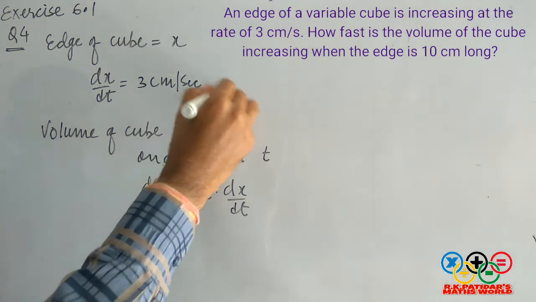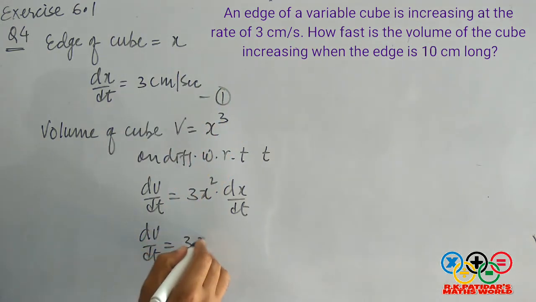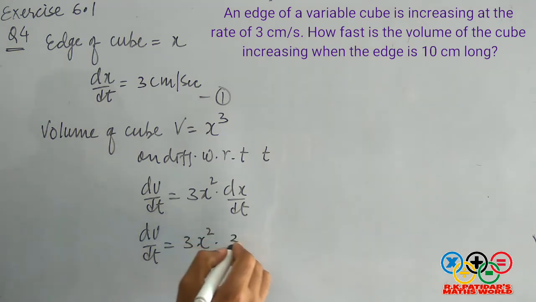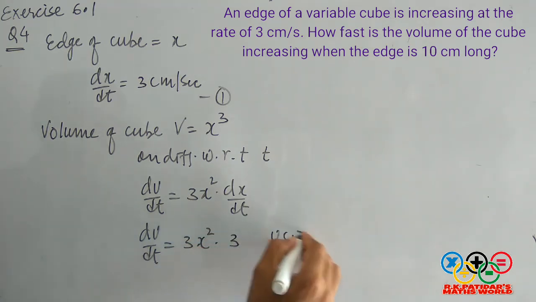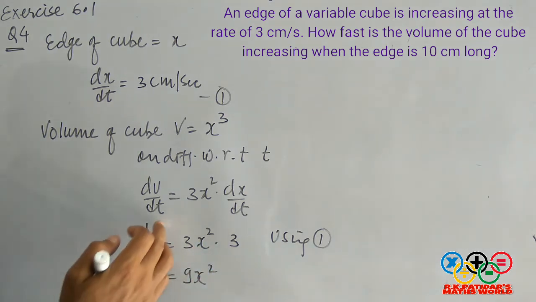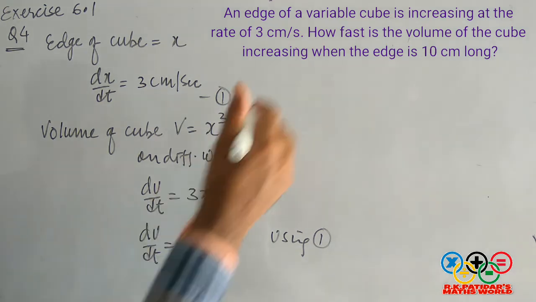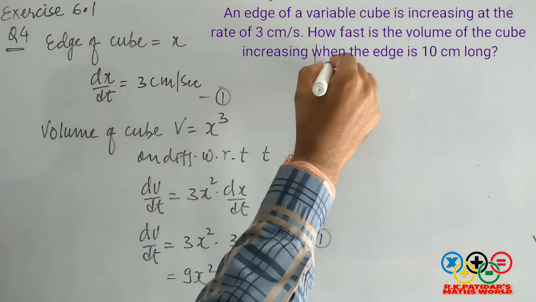The value of dx/dt is 3 from the first condition. So dV/dt is equal to 3x² into 3, which is 9x². But we have to find out the rate of change of volume with respect to time when the edge is 10 centimeter long.